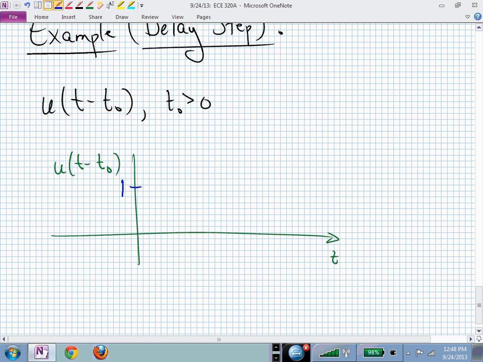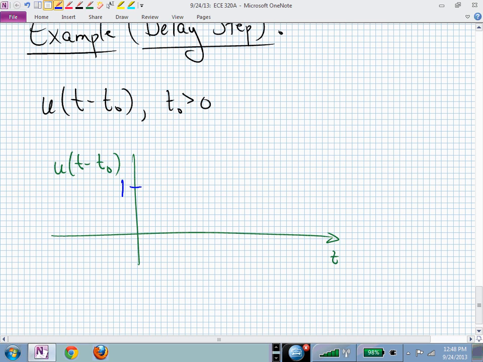The way that I think about the unit step is I look inside the argument of that unit step. Whenever that argument is non-negative, then that function is going to have a value of 1. I'm now looking at the interval of time where t minus t0 is greater than or equal to 0. That's where it's going to be 1.